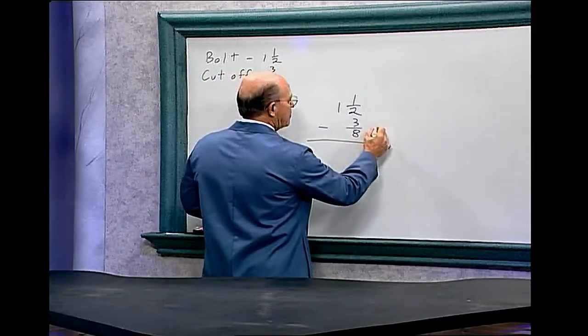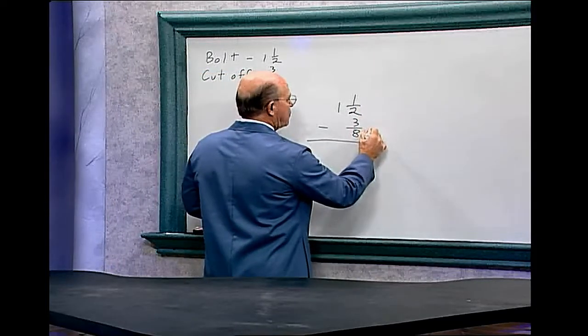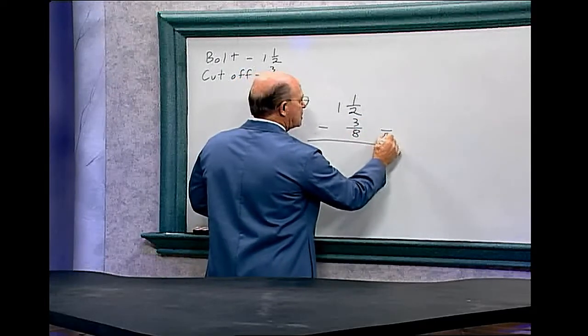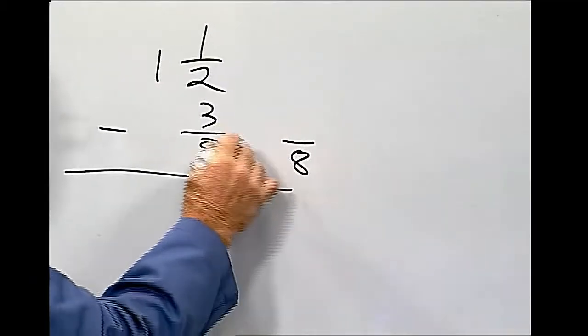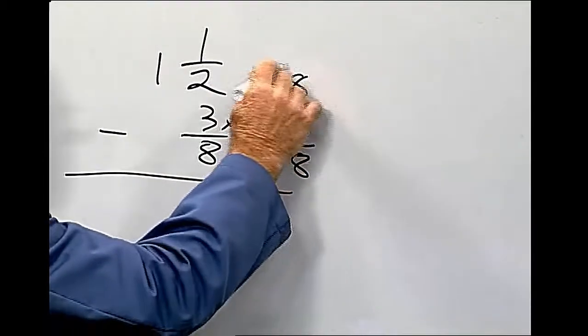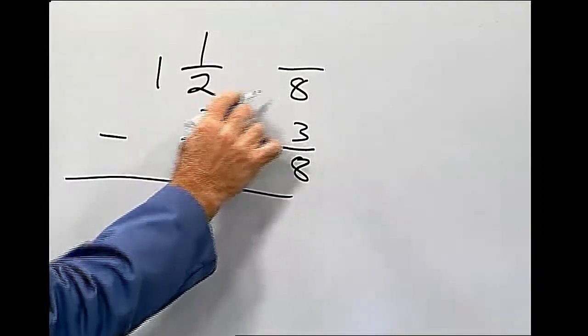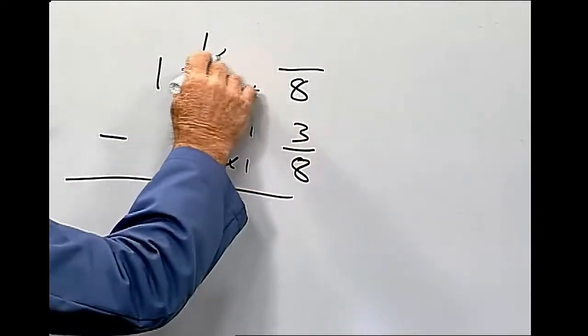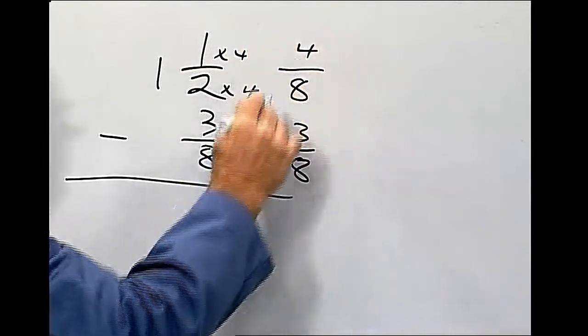So now we've got to get a common denominator for both of these fractions, and that would be 8 since 2 goes into 8. So that's times 1 equals 8 times 1 equals 3. And 8 over there, how many 2's go into 8? Goes 4, so it times 4 equals 8 times 4, 4/8.